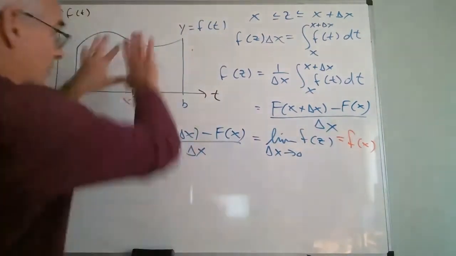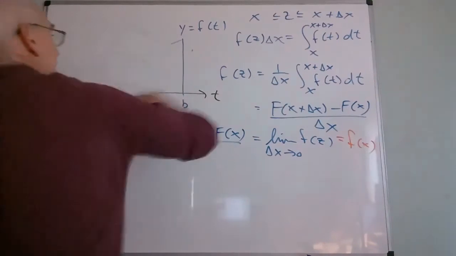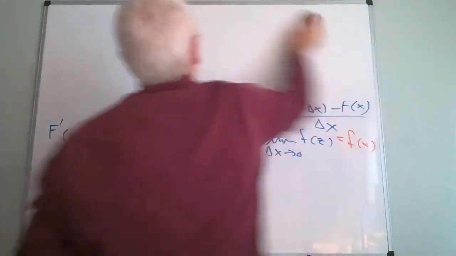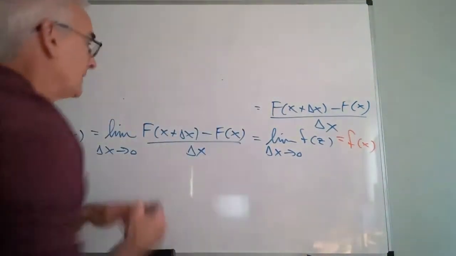So now I'm going to erase this and then restate what we just showed. We have just looked at the first half of the fundamental theorem, and basically the first half of the fundamental theorem can be summarized like this.